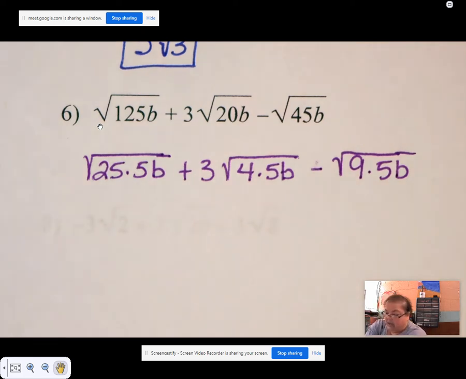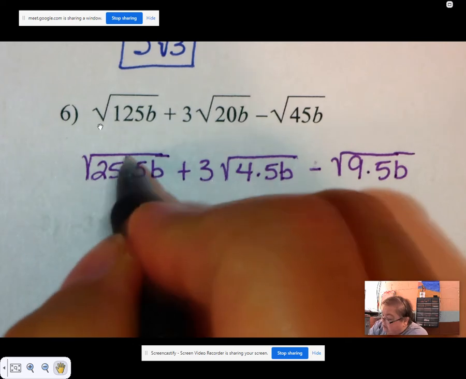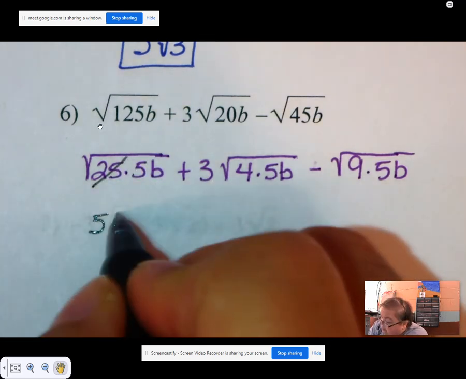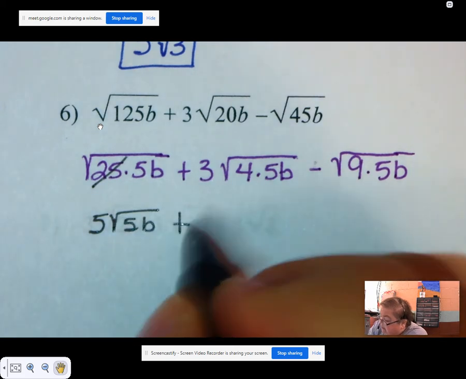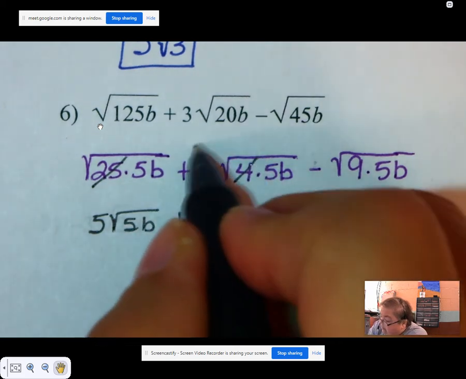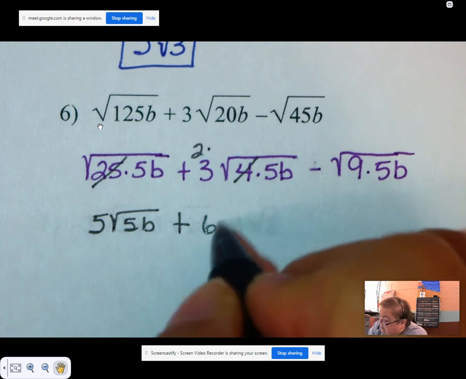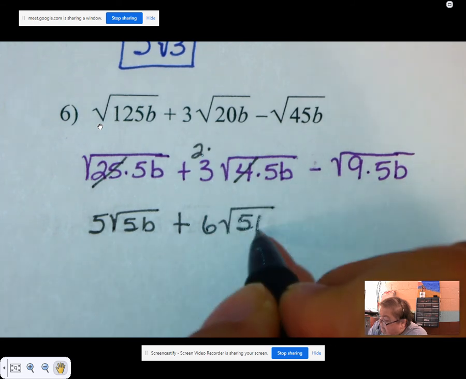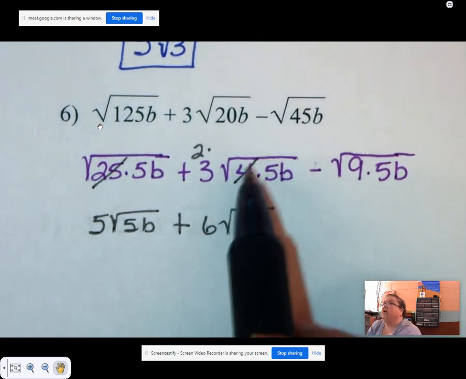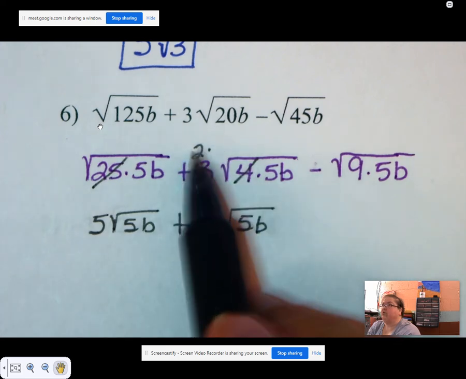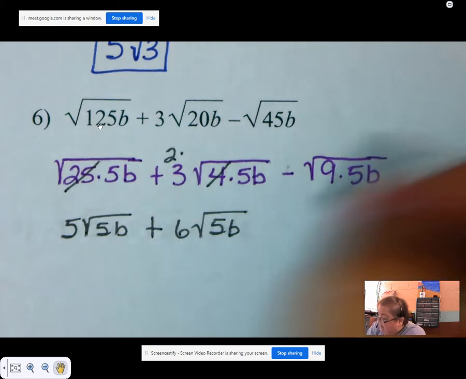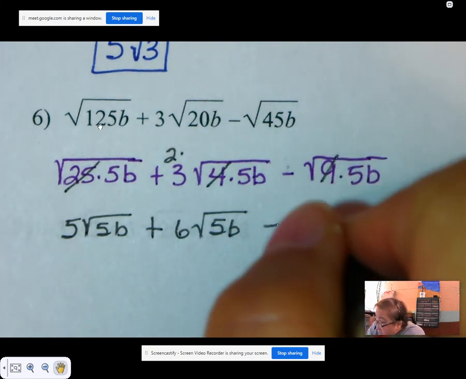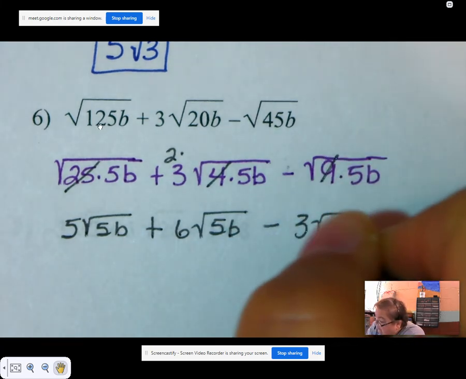So this one is going to be 5 root 5b plus 6 root 5b. Root of 4 is 2. 2 times 3 is 6. Minus 3 root 5b.